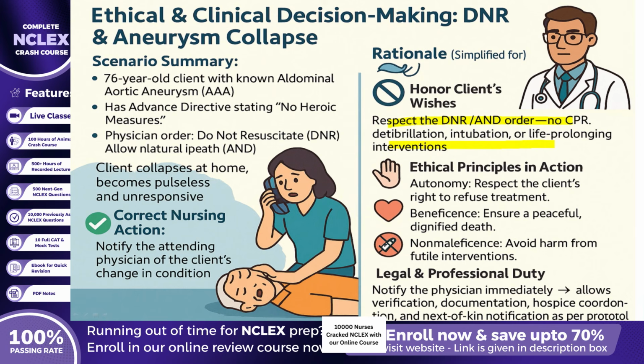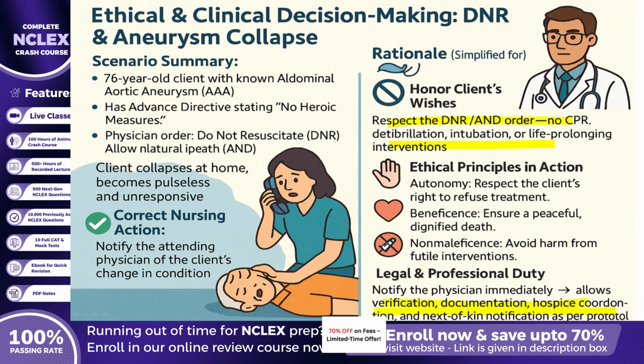Therefore, Option C is correct because notifying the physician ensures professional continuity of care, allows for accurate documentation, and enables further coordination of appropriate actions such as hospice involvement, death verification, or family notification. This approach respects the client's right to die with dignity, free from unwanted or invasive procedures.